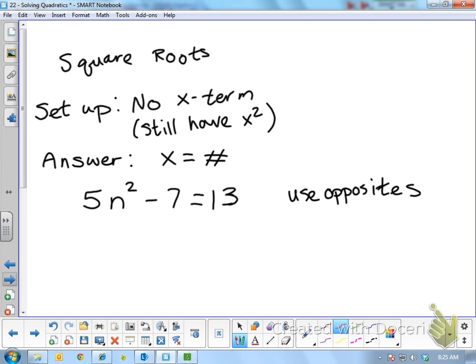There is an x squared still written, but no x written. It doesn't matter which letter you're using, there's no x term, no middle term. Again, our answer should say x equals some number.